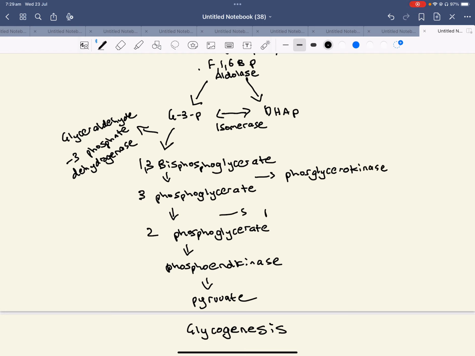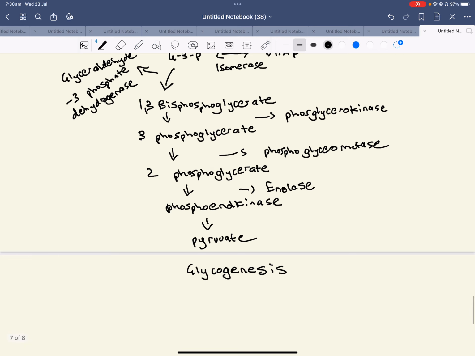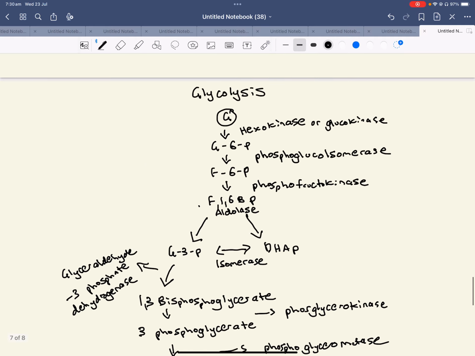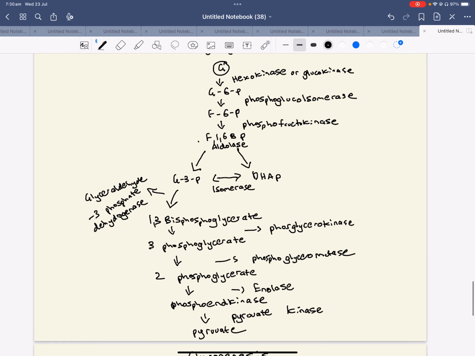This enzyme here is called phosphoglyceromutase. This enzyme here is called enolase. This enzyme here is called pyruvate kinase. Okay. Now we've got all the enzymes down.